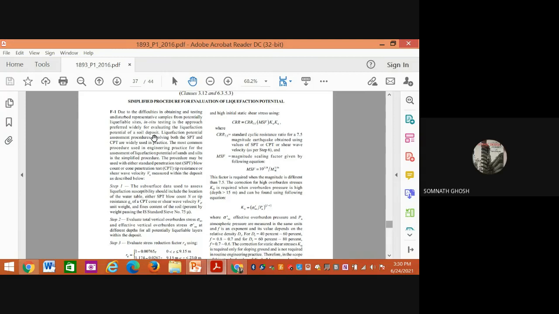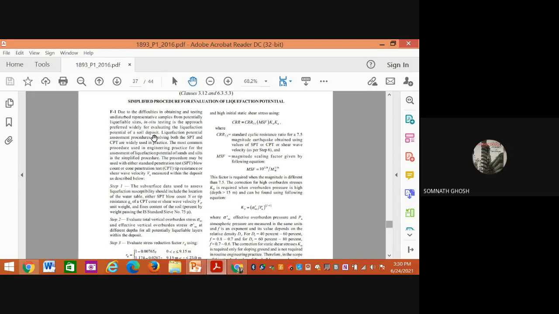It is sandy soil basically. In sandy soil, it is difficult to get an undisturbed sample. So how can you conduct your triaxial test and other tests? So that is why they have given more importance to the field test.